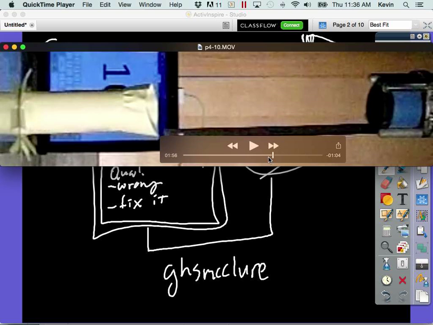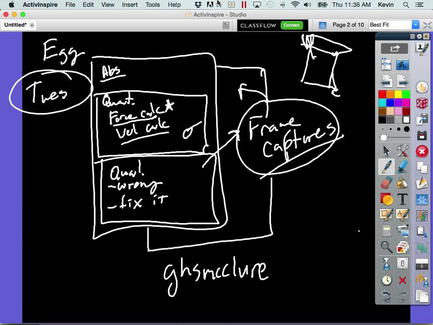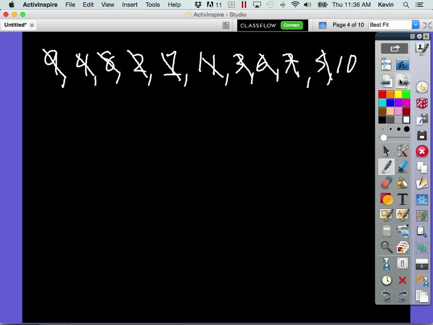Okay, so if we go back to this, the force that it stopped is going to equal the mass times (v minus v0) over t, right?